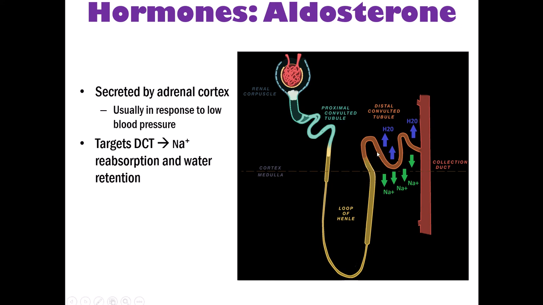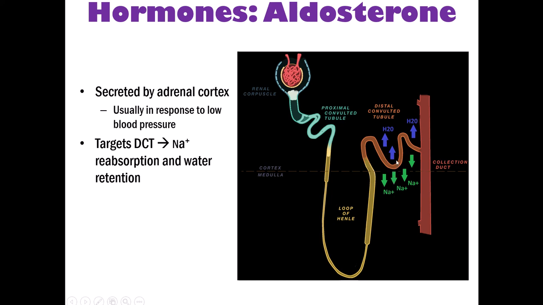Now, aldosterone actually targets the distal convoluted tubule part of your nephron, and it causes the distal convoluted tubule to reabsorb sodium, but sodium exerts kind of a tag-along pressure on water, because water tends to follow sodium wherever sodium goes.